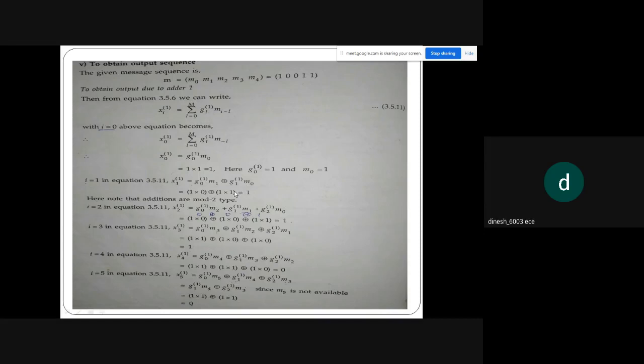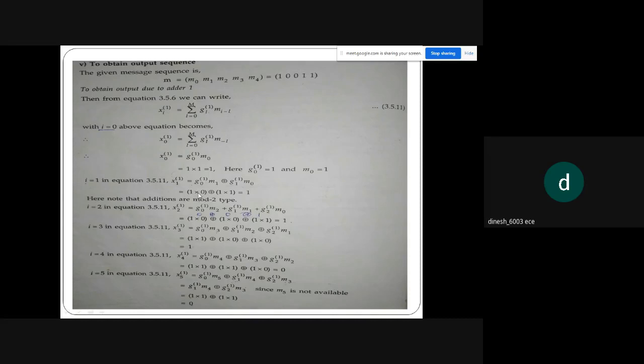For i equal to 1, m1 is there, and the subsequent decremental order, m0, is there. Then g0 of 1 is 1, m1 is 0, g1 of 1 is 1, m0 is given as 1.